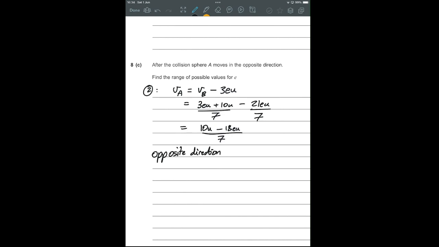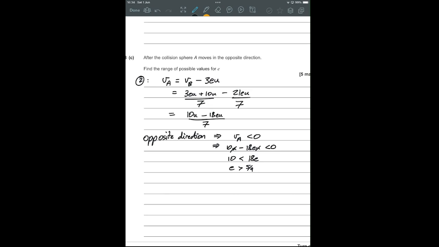So my arrow was wrong, which means this expression must be negative, i.e. 10u minus 18eu is negative. I can cancel the u's, so that's 10 is less than 18e. e is greater than 5 over 9.